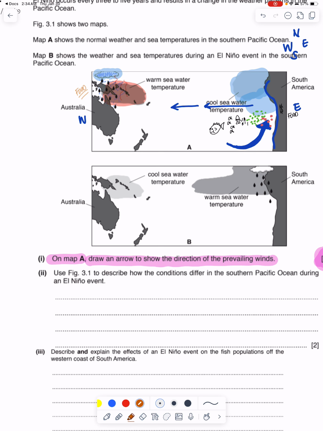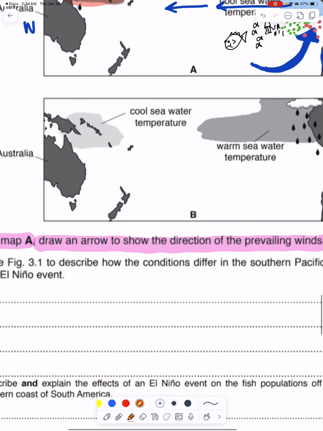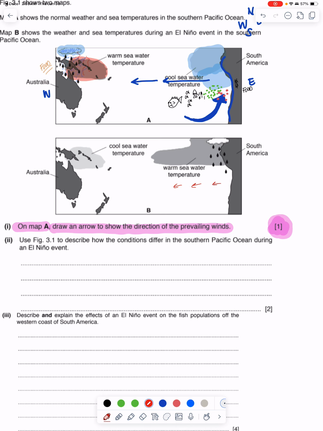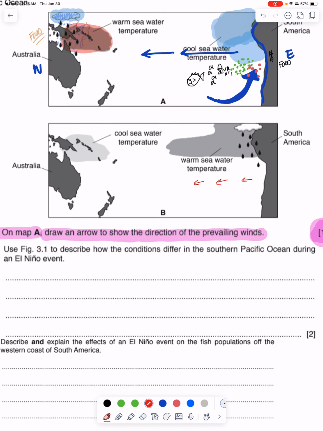So we look at the weather and sea temperatures during an El Nino in the southern Pacific Ocean. This is on B. So in El Nino, you could have two things happen, and both of them are going to have the same result. So you either have weak trade winds. Okay, so they do have a difference in their arrow sizes.